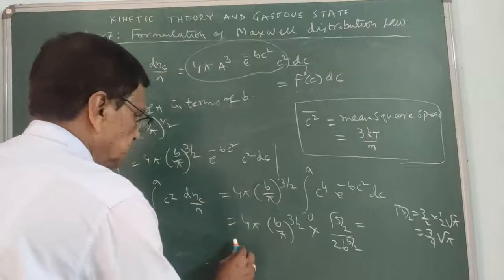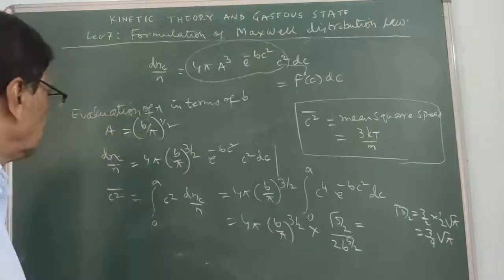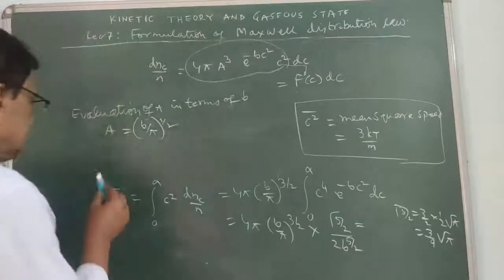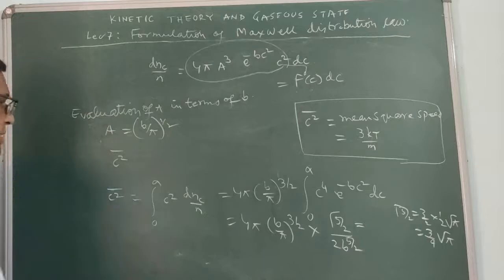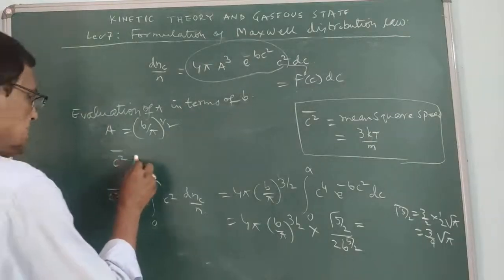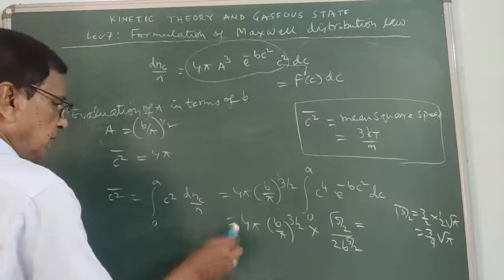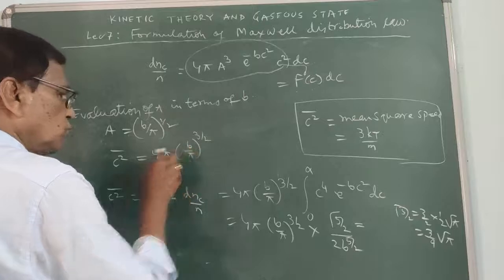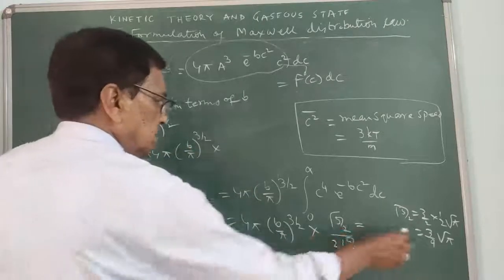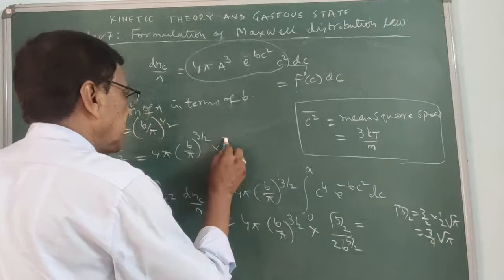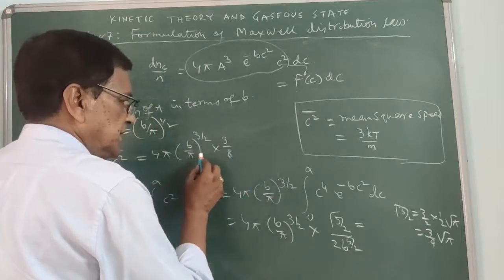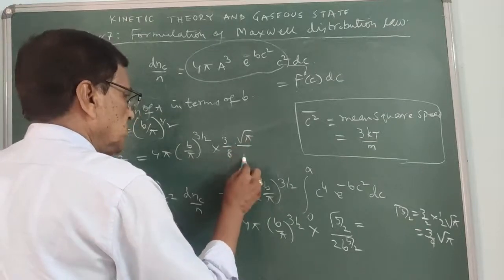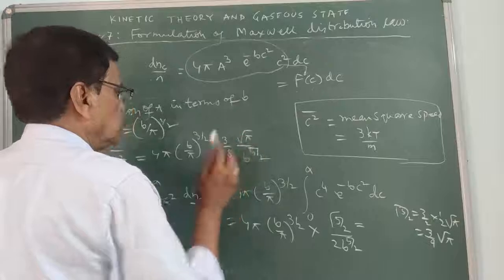So total value... mean square speed is equal to 4π (b/π)^(3/2) × (3/8) × √π / b^(5/2).